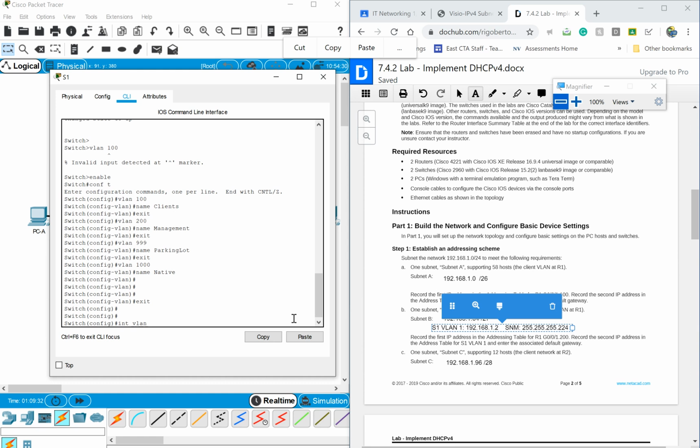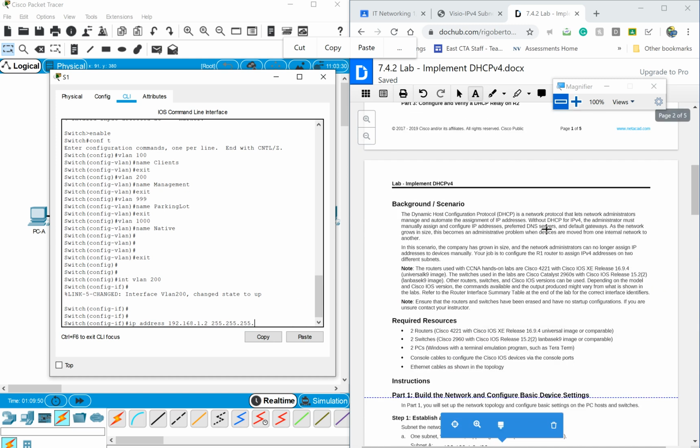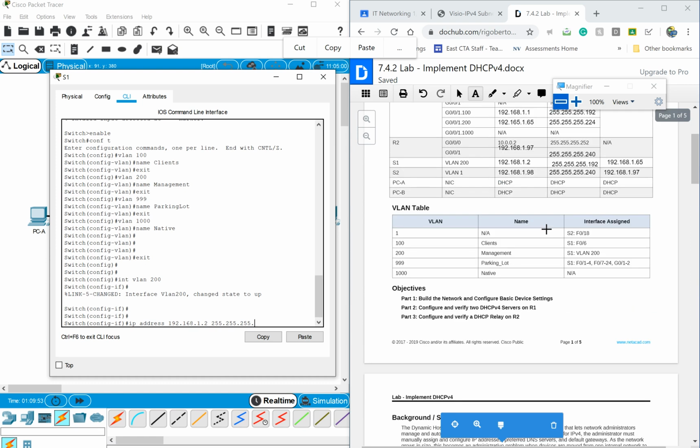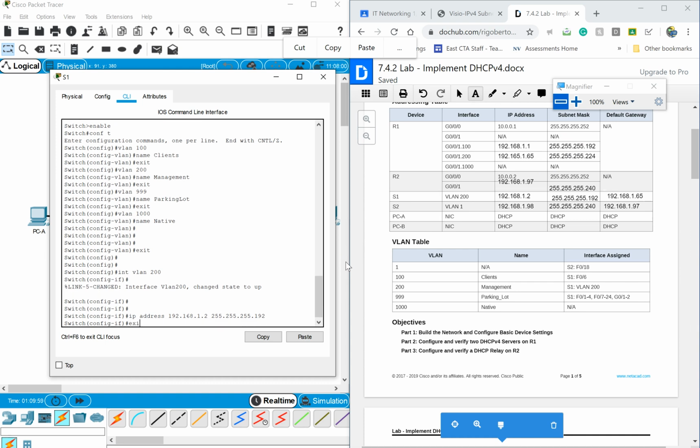Interface VLAN 200. That's how we create a VLAN interface. IP address 192.168.1.2 with a subnet mask of 255.255.255. Is it 224? I don't think so. It's probably 192, right? 192. Exit.